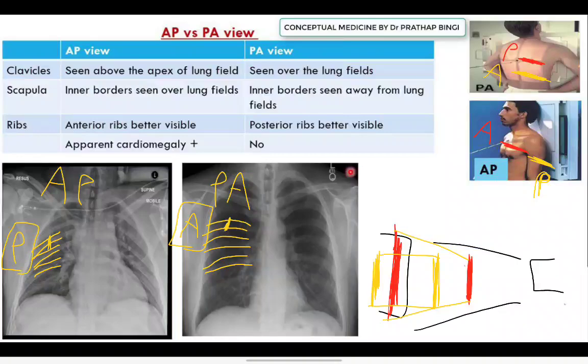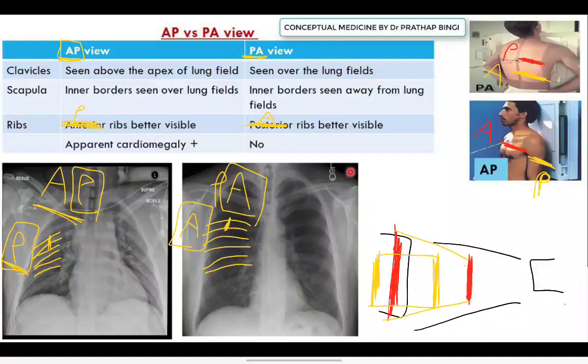In the anterior posterior view, the posterior ribs are better visualized, and in the PA radiograph, the anterior ribs are better visible.